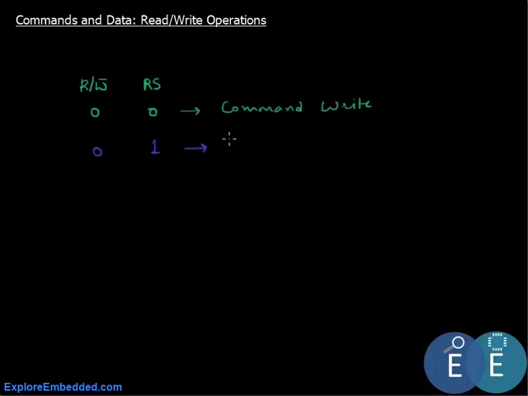So this would be data write. Now for the next operation, if we make the read write as 1, this will basically be the read operation, and when register select is 0, we call it command read.